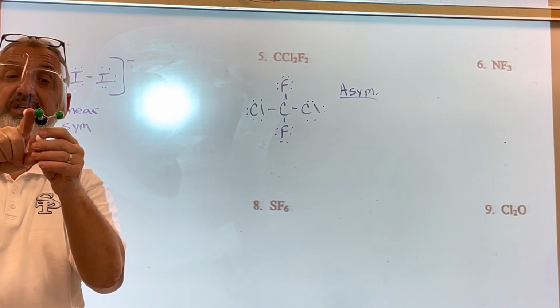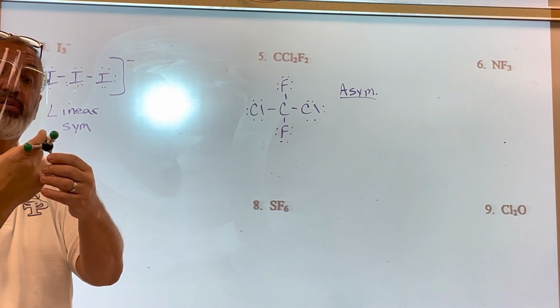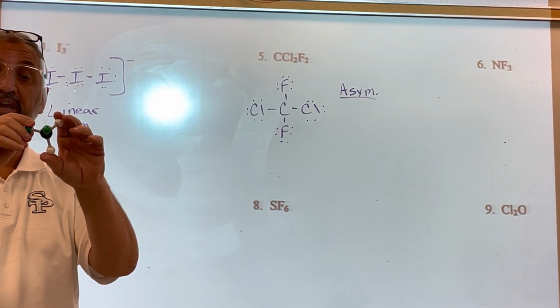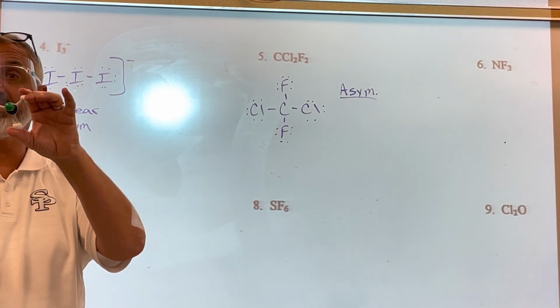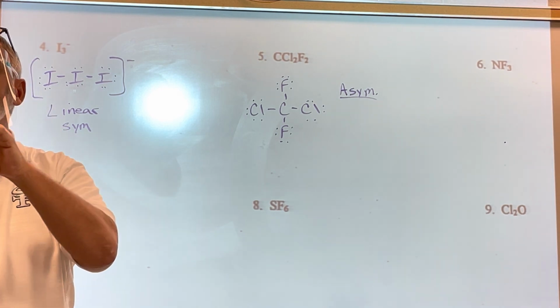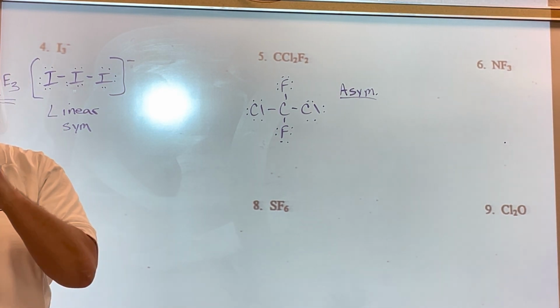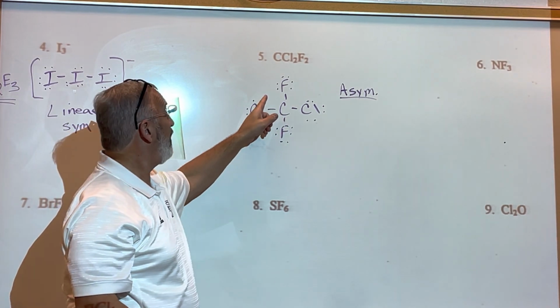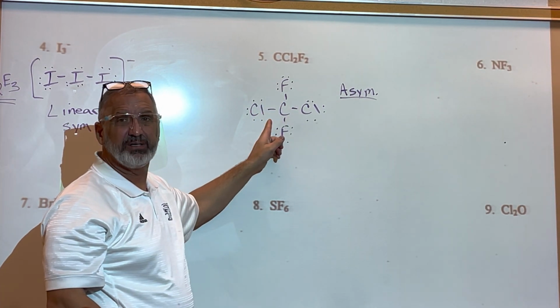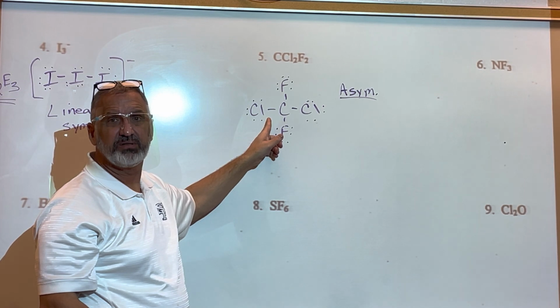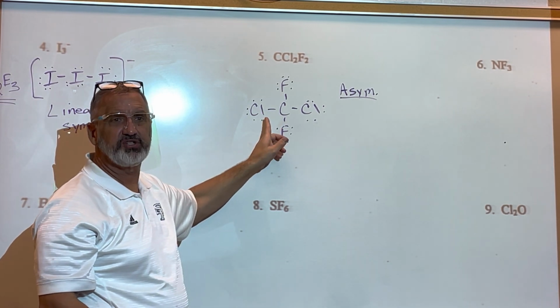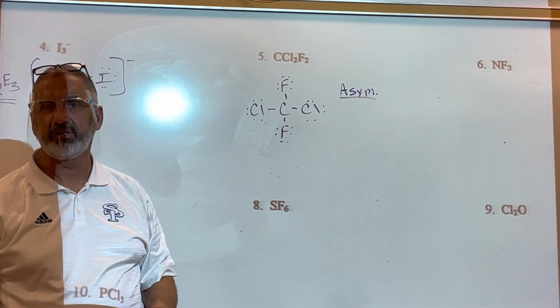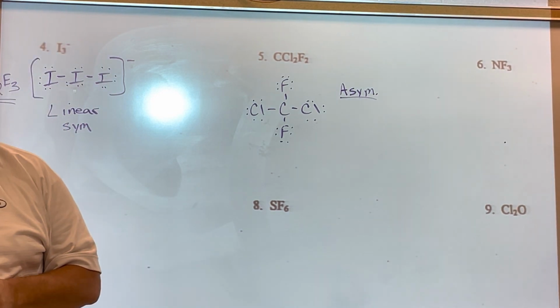So the chlorine is pulling this way and this way, but the fluorine is pulling this way and this way harder, so it's getting pulled more that way than it is this way. So you got to trust the rule that, okay, even if there is no lone pair on the central atom, if all the bonding atoms aren't the same, it's going to be asymmetrical, even though it looks symmetrical in your drawing. Are y'all with me on that?